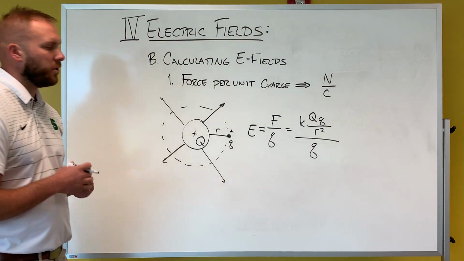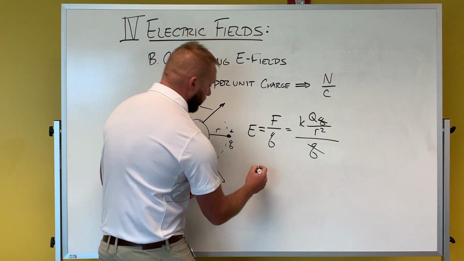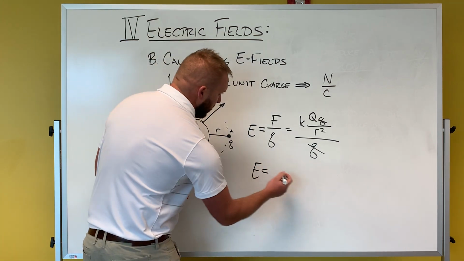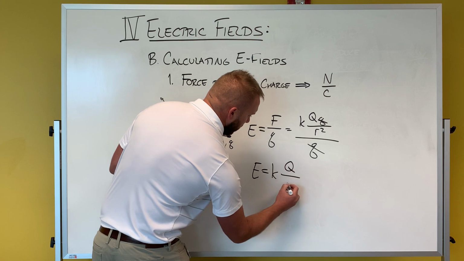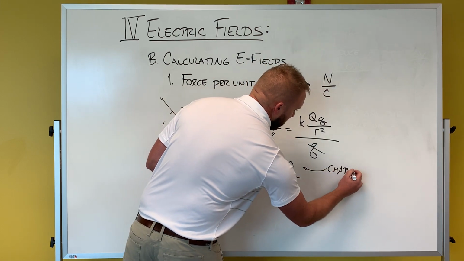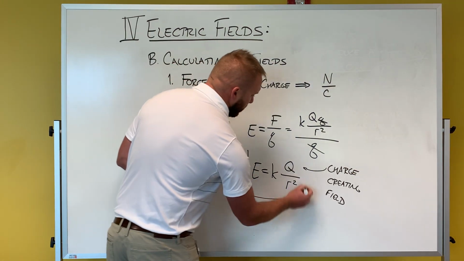Okay, so force per unit charge, what we see is these q's are going to cancel each other out. And so we get that the electric field can be calculated as kQ over r squared. And this is the charge creating the field. So one equation is going to be this one.